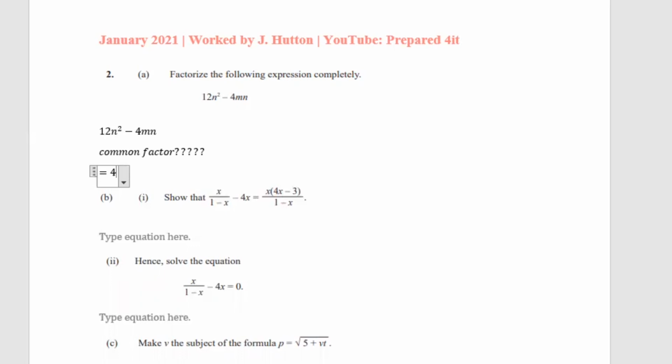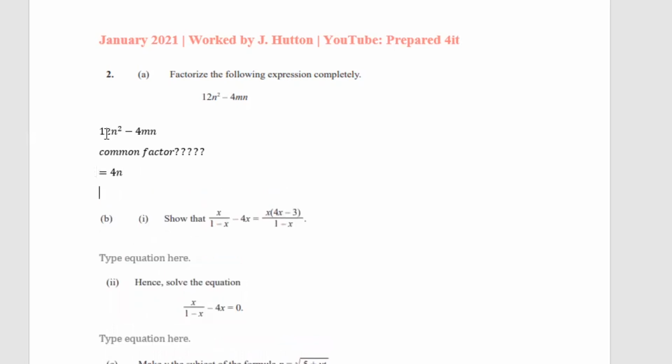And from our unknown variables, the n squared and the mn, what we can identify is that n is the other common factor. So therefore it will be 4n. So what we're going to do now is to divide each term by the common factor, which is 4n.